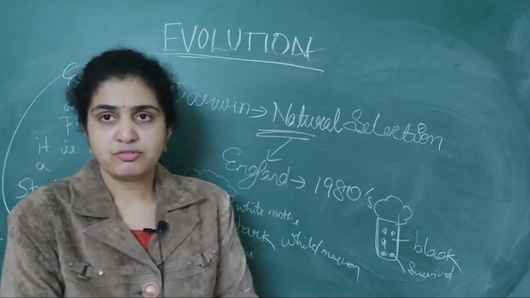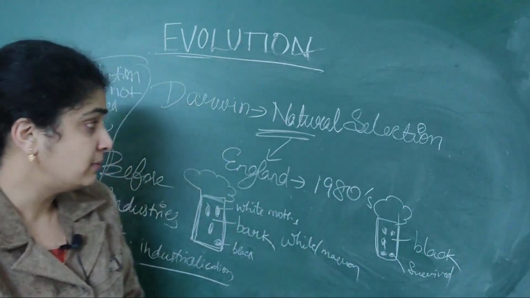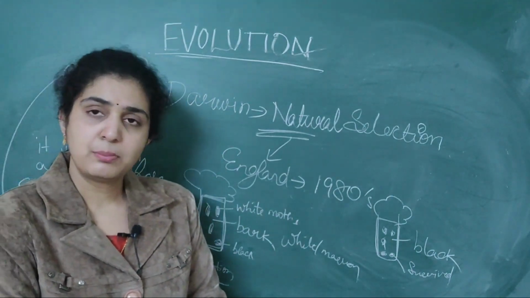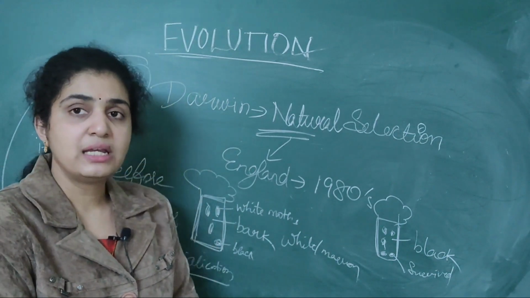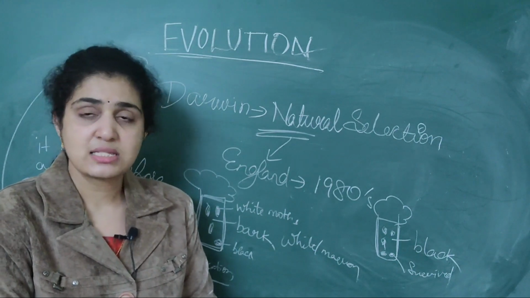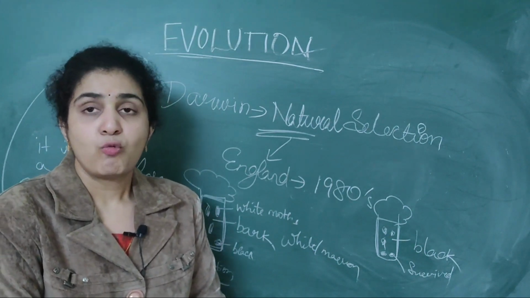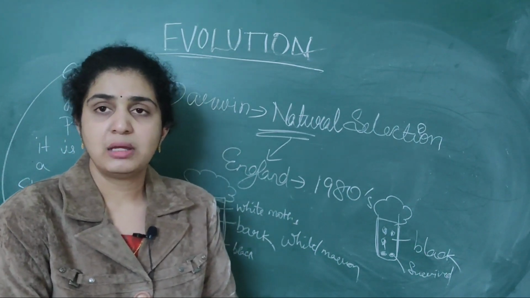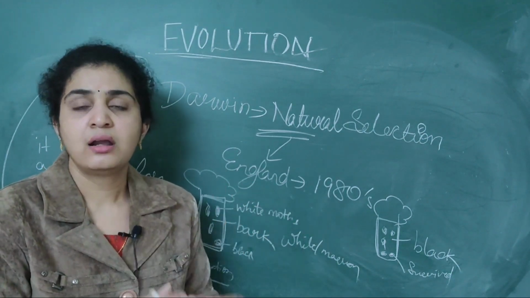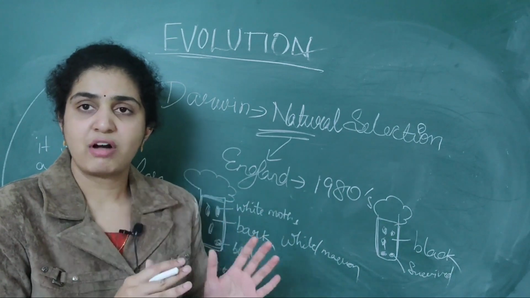In the process of natural selection, this theory was given by Charles Darwin and it was proved in England in 1980s. Before industrialization, as well as in rural areas, white moths survived because the bark was white in color and the moths also were white in color.